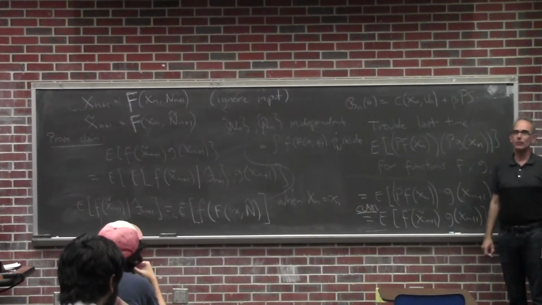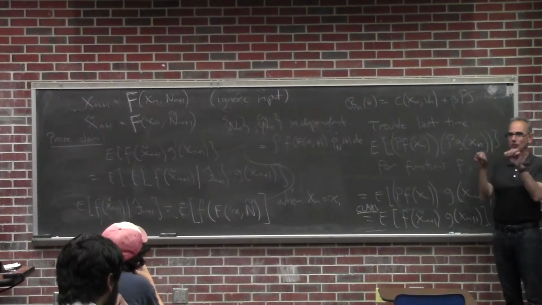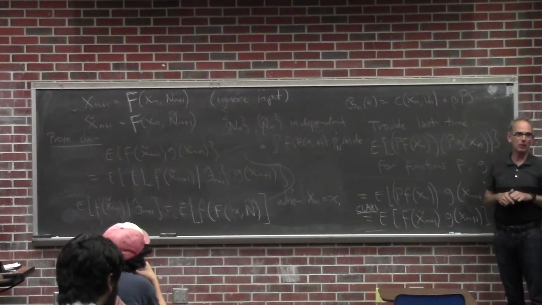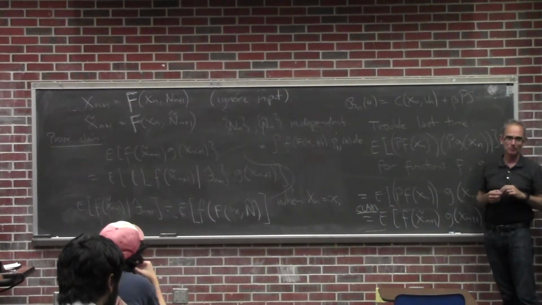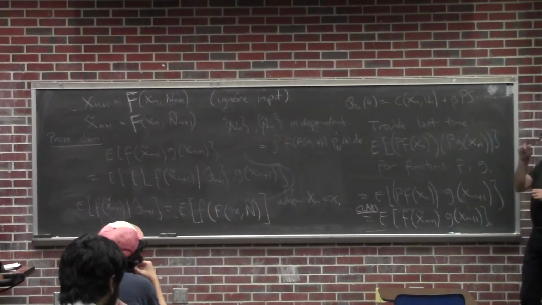And the value of that is that you can let the x and un just go around, not even using the dynamics of the Markov chain.